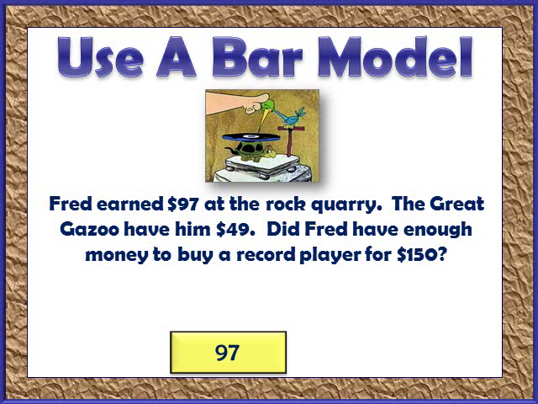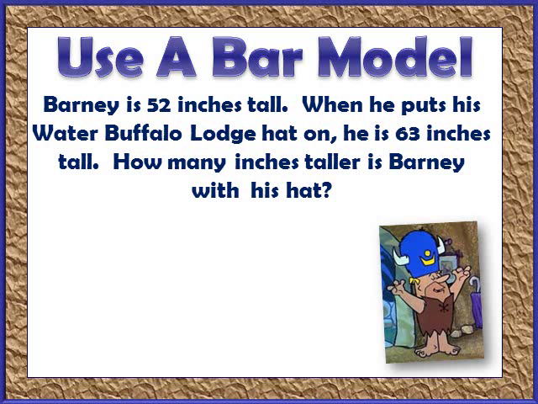The Great Gazoo gave him $49. So now we're trying to find out if Fred has enough money to buy a record player for $150. So we're giving them that visual, and they're trying to determine the sum of these two quantities and see if there's 150.